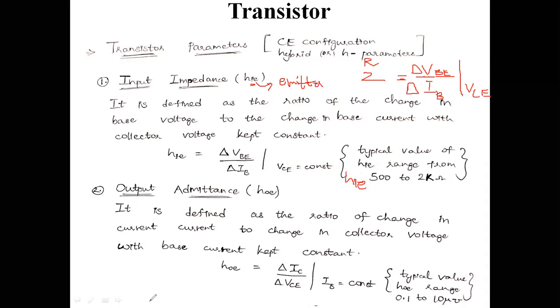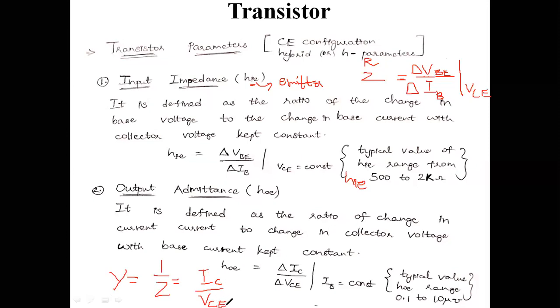Next, output admittance. Output admittance Y is equal to 1 by Z. Then that is given as V by I, so it will become I by V. Treating the output here, the suffix becomes collector for the current term, C, whereas the voltage is VCE.